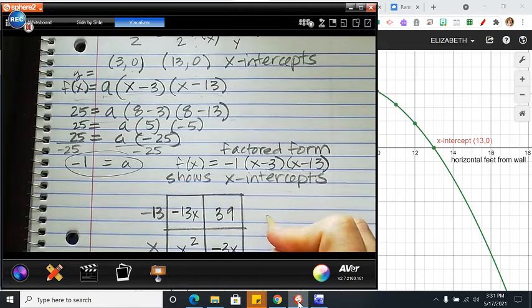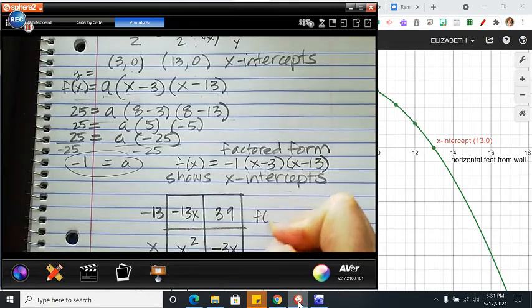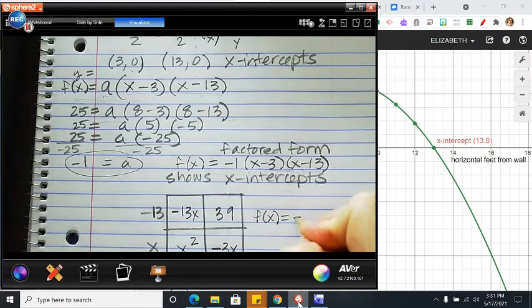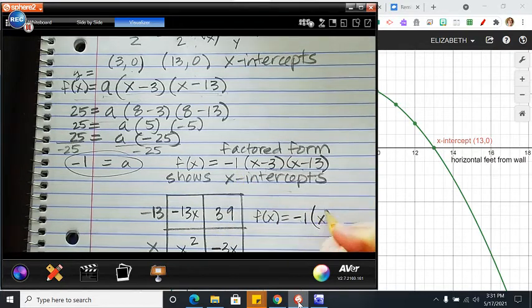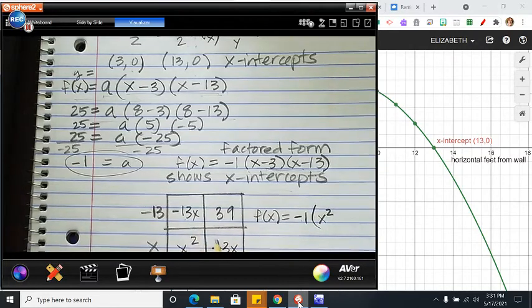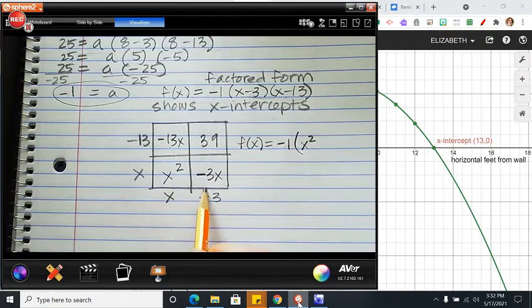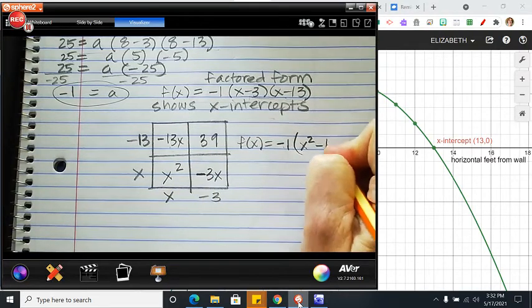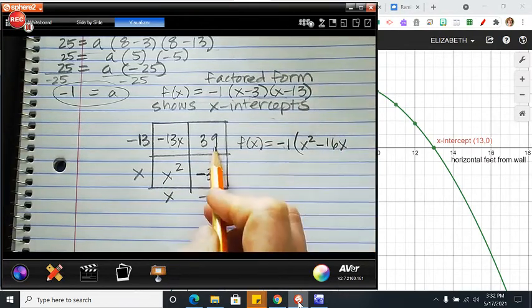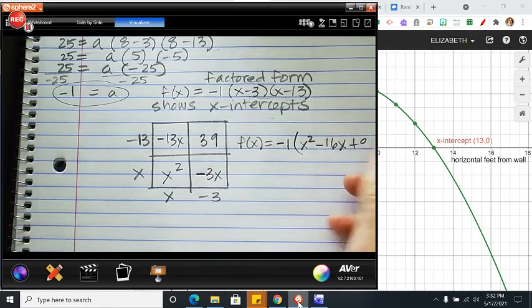So that's going to give me that negative 1 is still out in front of everything. X squared, I'm combining like terms. I'm combining negative 13 and negative 3. And then plus 39.